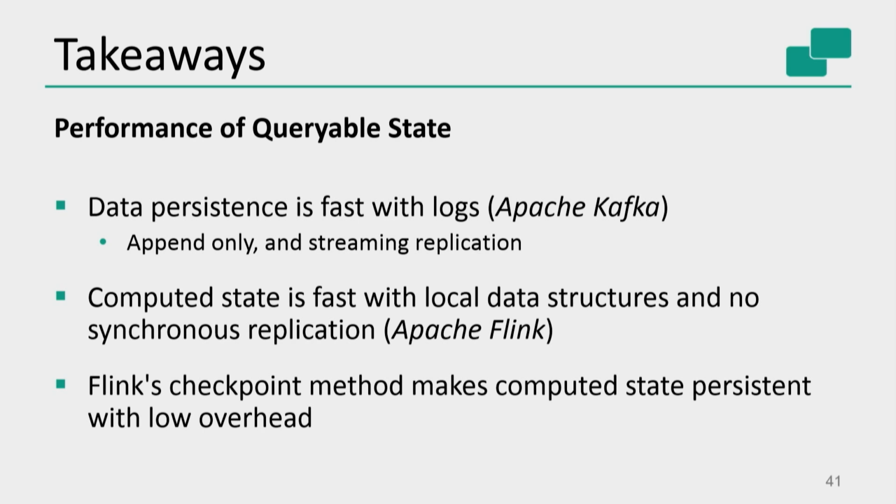Just solving this one problem well makes it actually fast. And then the computed state over this view of events is very fast in Flink because you can do it just with local data structures and with no synchronous parts, with completely asynchronous replication. And the checkpointing that we built into Flink actually handles that. That's the main takeaways. Thanks.